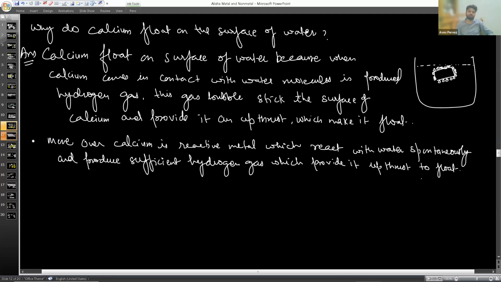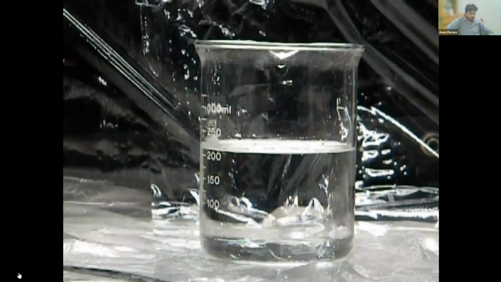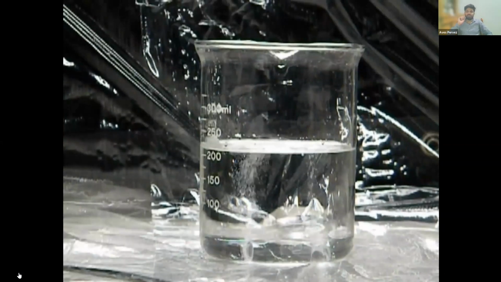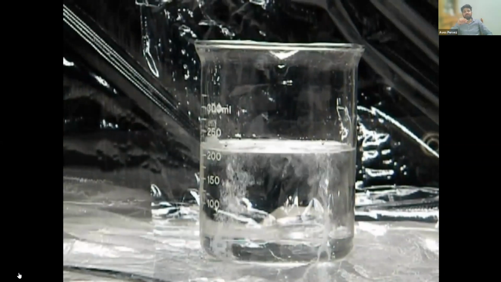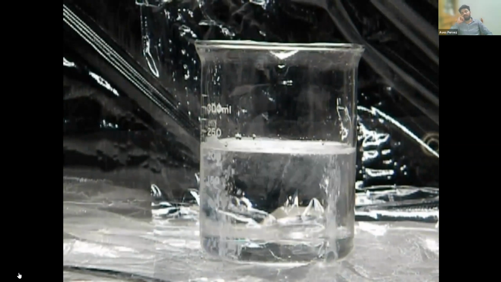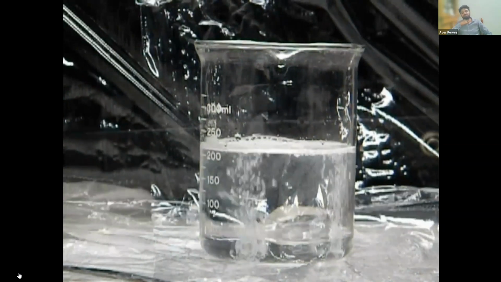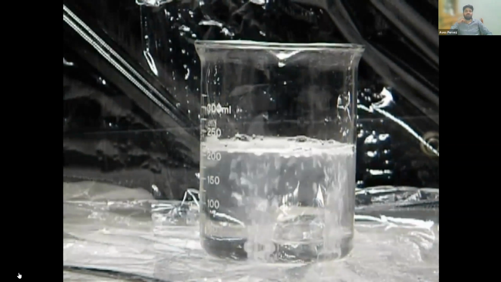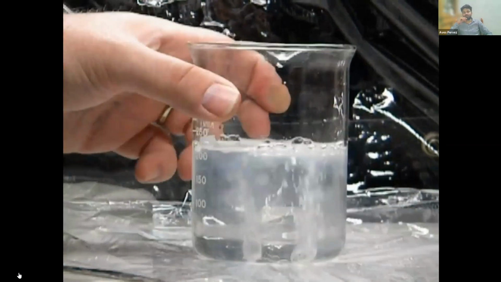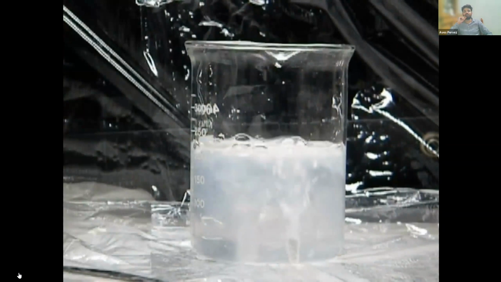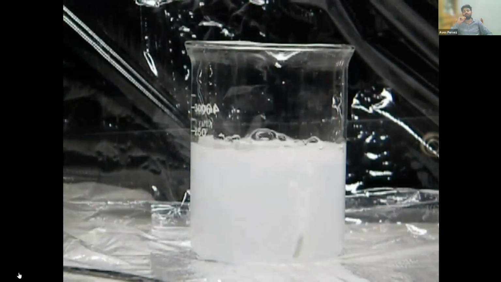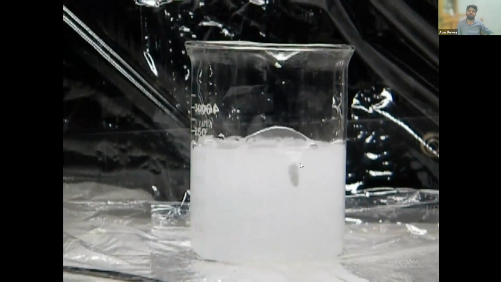When we add calcium metal, it starts producing hydrogen gas, and these bubbles of hydrogen gas stick to the surface and start floating. You can see that it starts coming up on the surface.